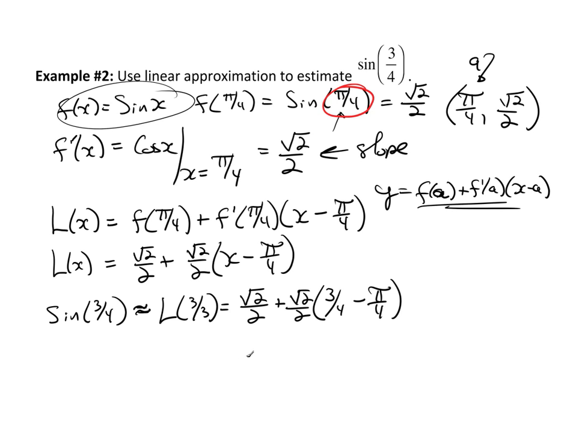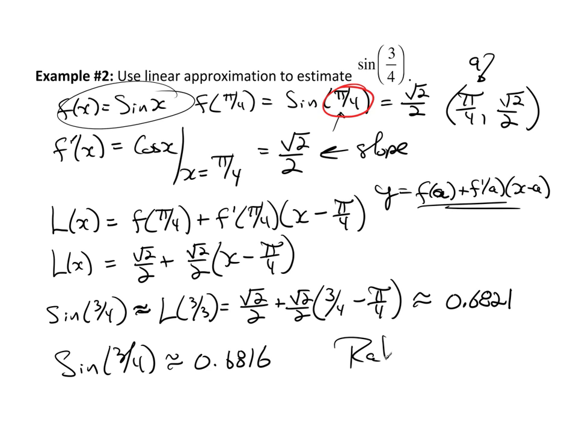When I work that out, what I get is approximately 0.6821. Now, if I take a calculator and find sine of 3/4, what I get is approximately 0.6816. It's really important to note that I'm working in radians.